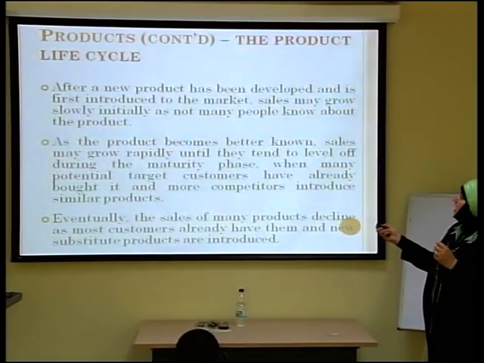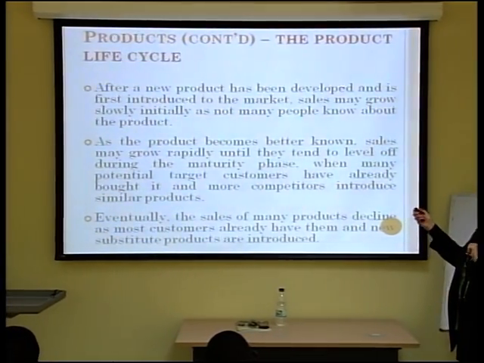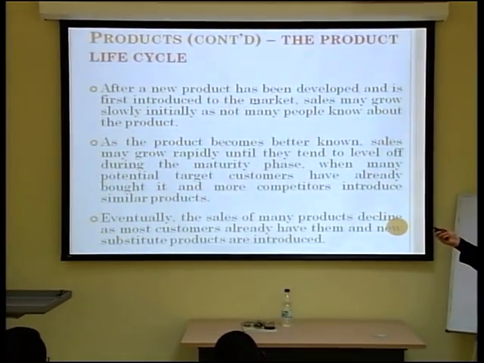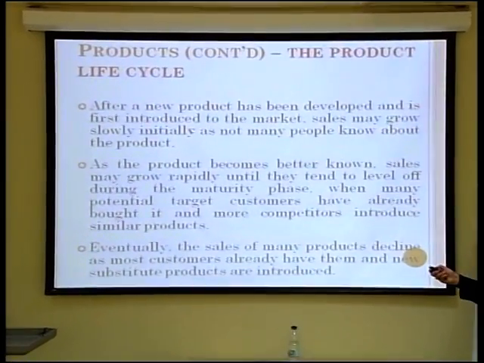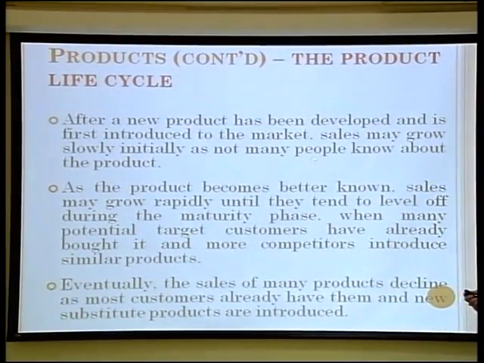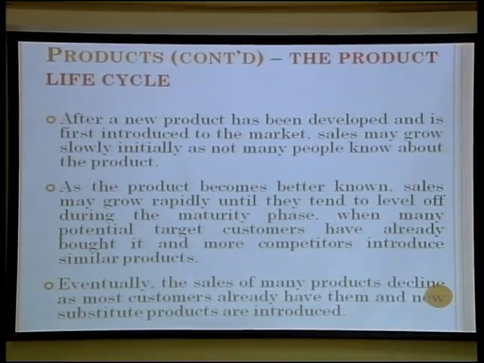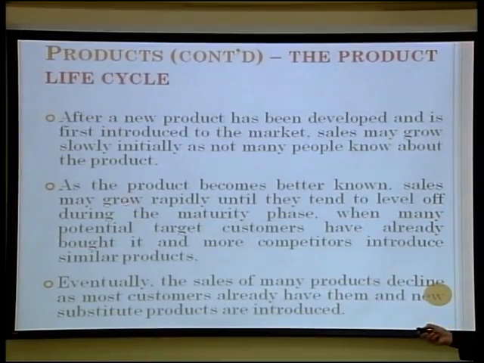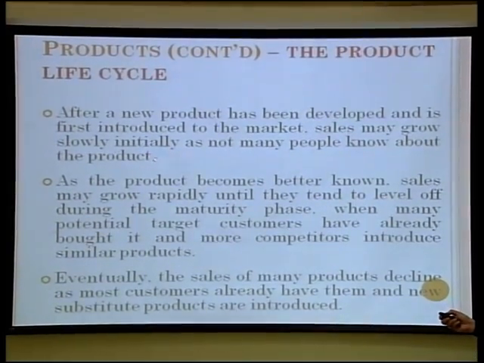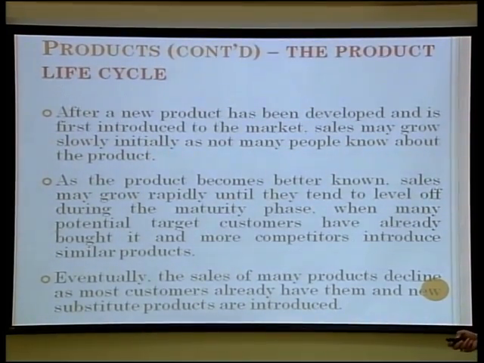After a new product has been developed, and is first introduced to the market, sales may grow slowly initially as not many people know about the product. You remember that? Okay. And this is the introduction stage here.